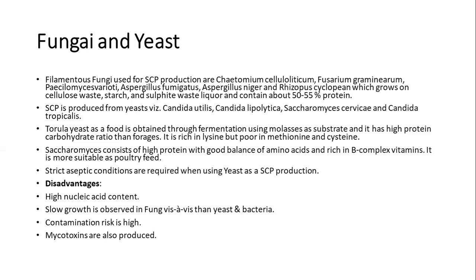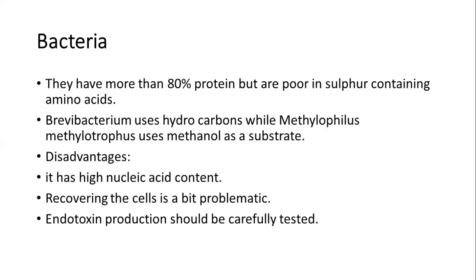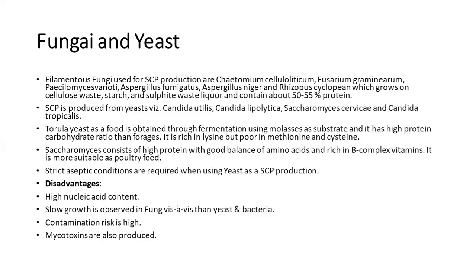The first is fungi. Filamentous fungi are used for SCP production, such as Chaetomium cellulolyticum, Fusarium graminearum, Paecilomyces varioti, Aspergillus niger, and Aspergillus fumigatus, which grow on sulfite waste liquor and contain 55% protein. SCP is also produced from yeasts, namely Candida utilis, Candida lipolytica, Saccharomyces cerevisiae, and Candida tropicalis.